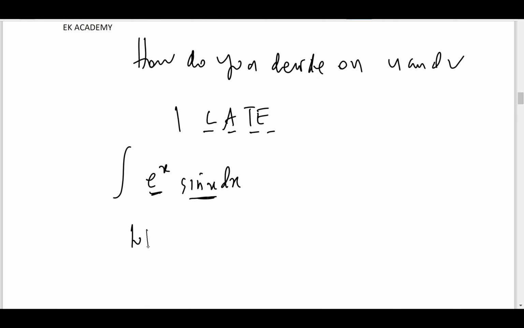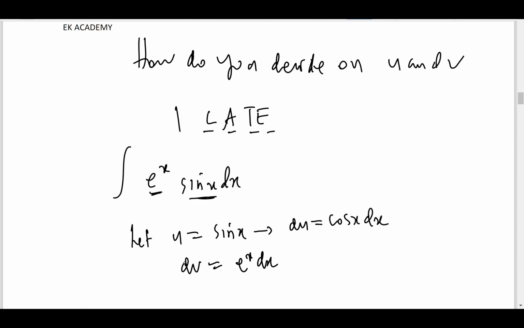You're going to let u be sine x, and for our case, du will be cosine x dx. What about dv? dv will be e^x dx.